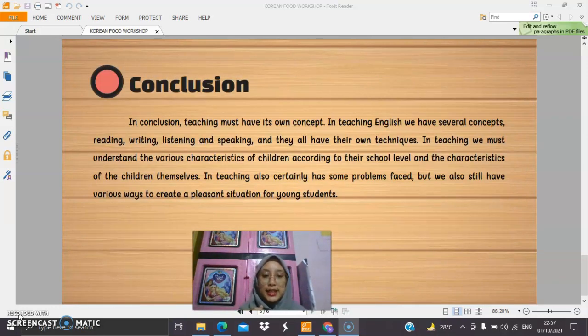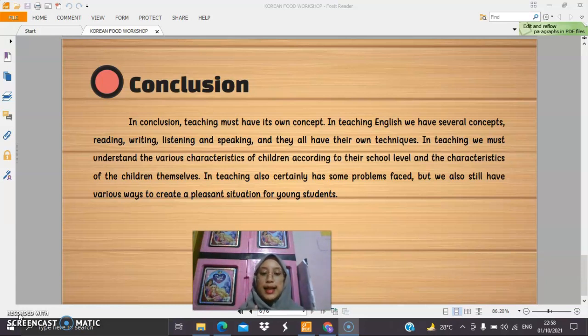So here, in conclusion, teaching must have its own concept. In teaching English, we have several concepts like reading, writing, listening, and speaking, and they all have their own techniques.